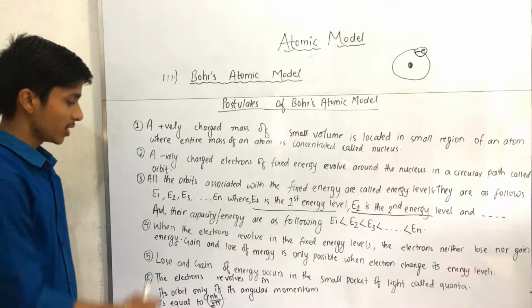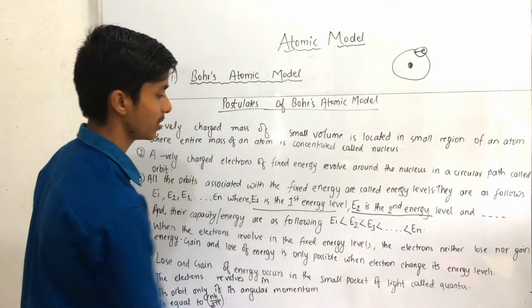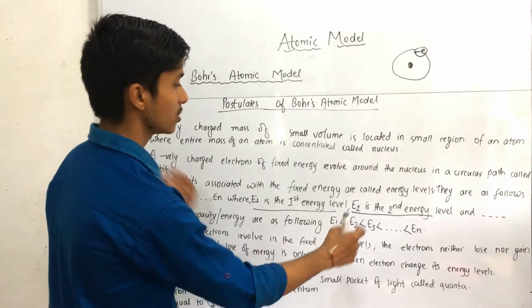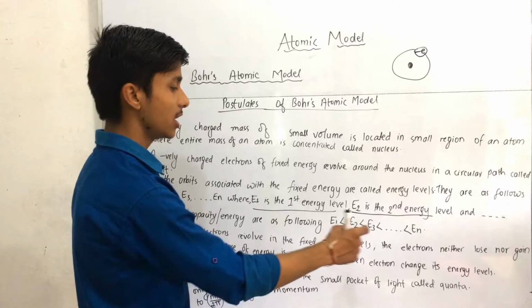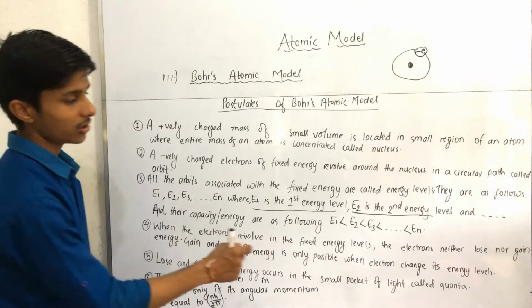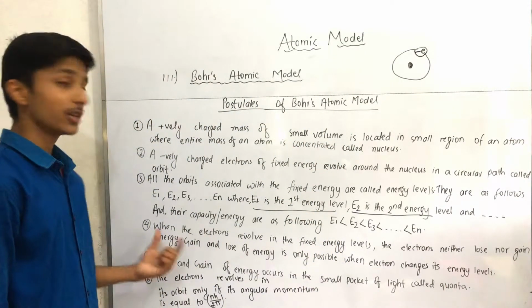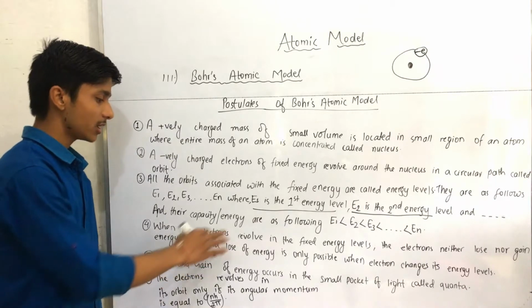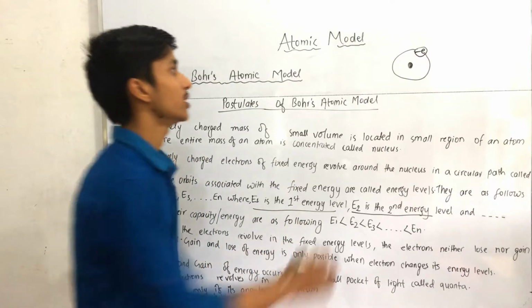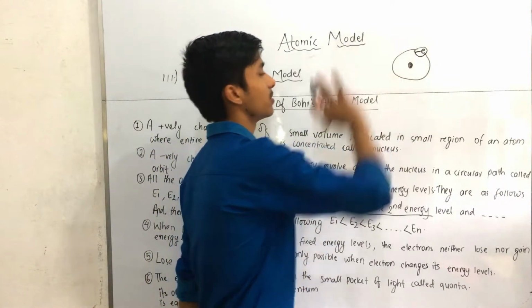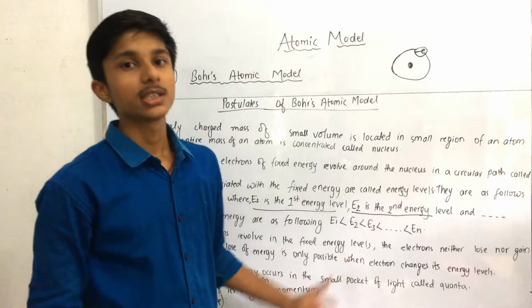Fourth point: when the electron revolves in fixed energy levels, the electron neither loses nor gains energy.